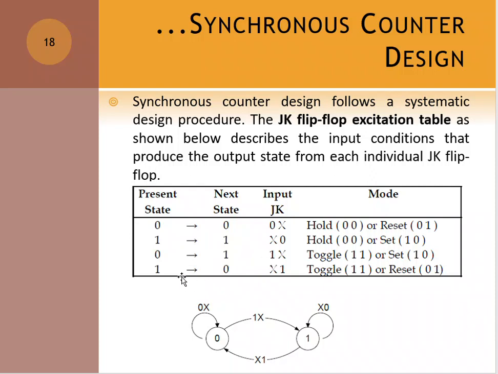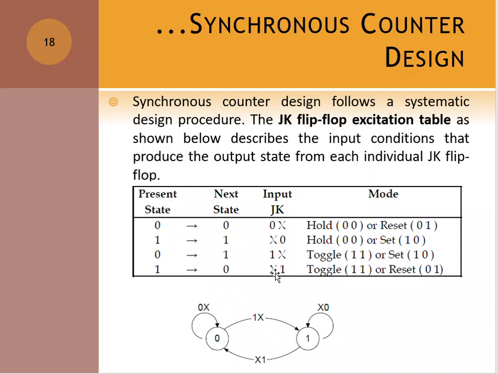Okay, then the fourth row here, present state 1, next state 0. This can occur when, okay, X1. X1 means J can be 0 or 1. So either J0, K1 or J1, K1. Okay.